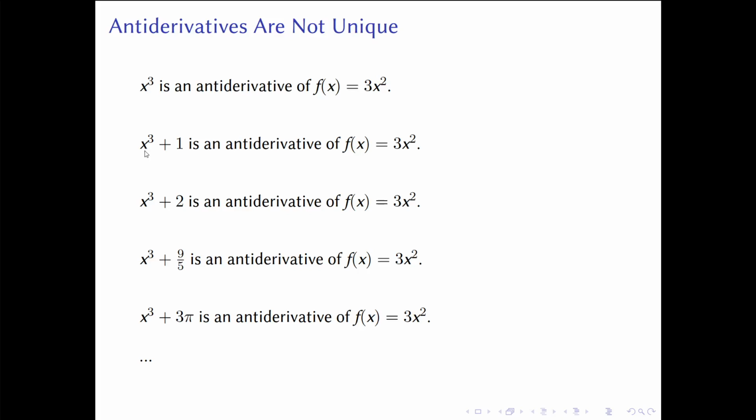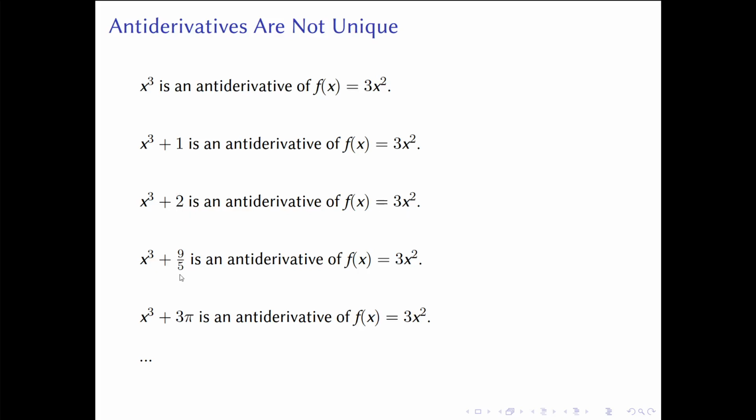Because when I take the derivative of this using the sum rule, I'm going to get 3x squared plus 0, because the derivative of any constant by itself is 0, so I'm going to wind up again with 3x squared. And so you can see that x cubed plus 2, for the same reasons, would be an antiderivative of 3x squared.